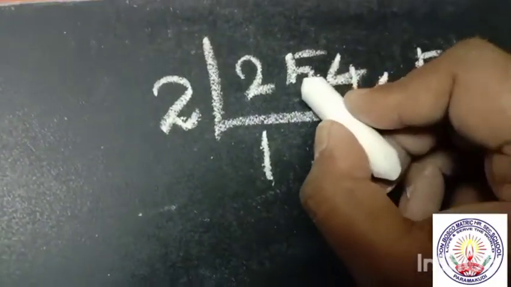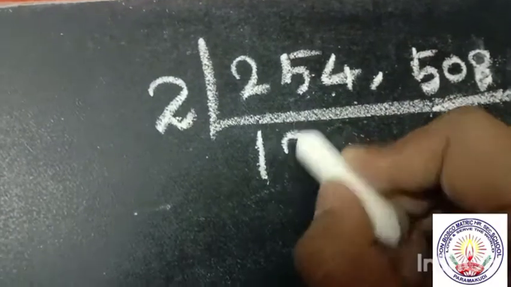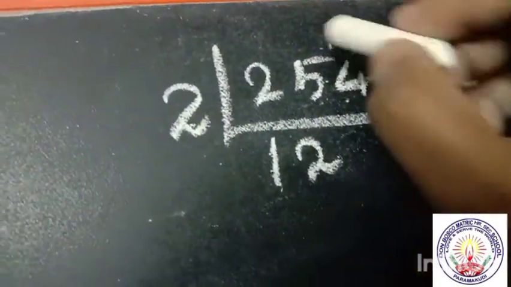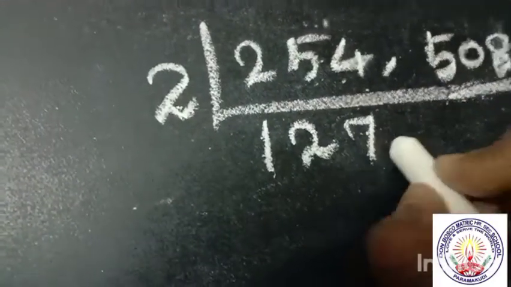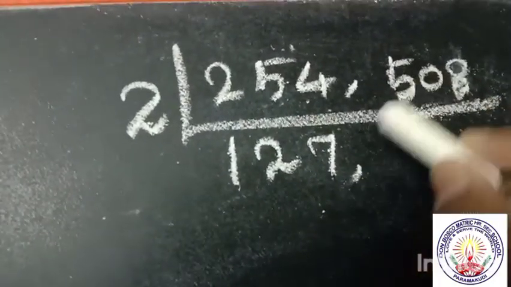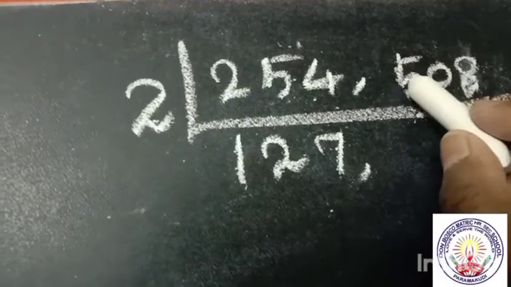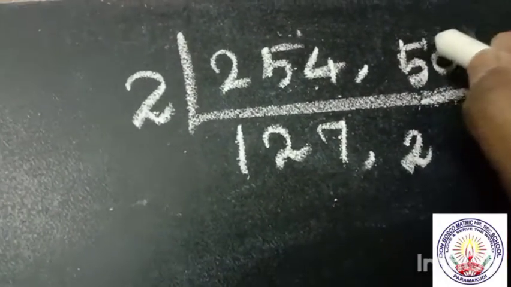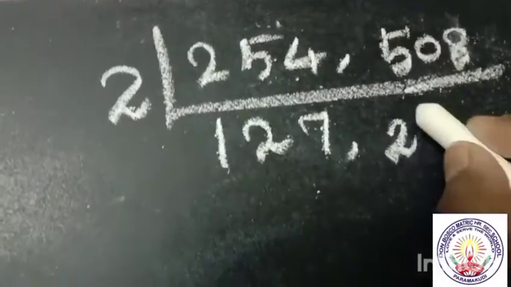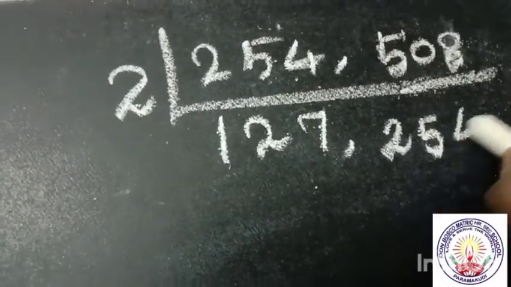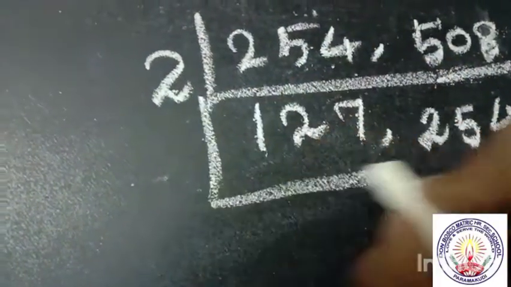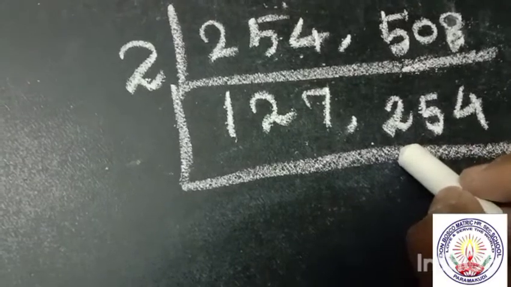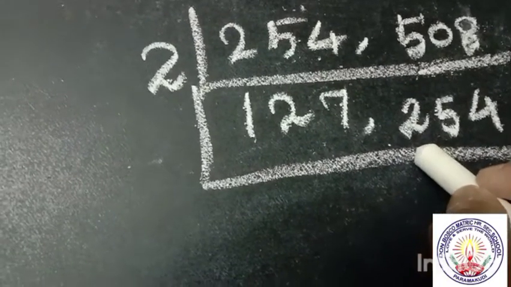In 5, how many 2s are there? 2 2s are 4, remainder 1, so it is 14. 7 2s are 14. Comma 5. In 5, how many 2s? 2 2s are 4, remainder 1, that is 10. 5 2s are 10, 4 2s are 8. These two numbers cannot be divided by the same number.